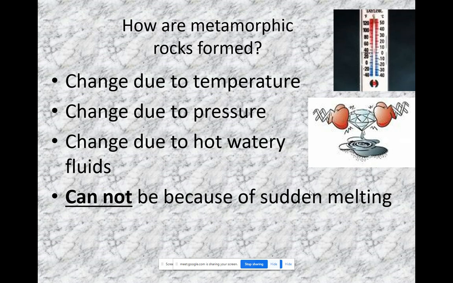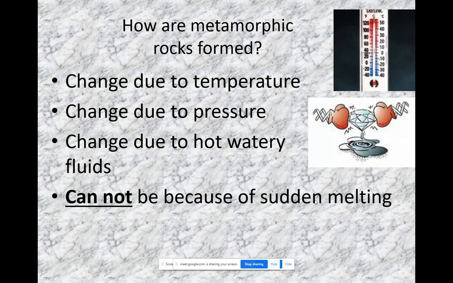What happens if something suddenly melts, turns into lava or magma, then cools? It becomes igneous rock. So why can't it be because of sudden melting? Because then it would make igneous rock. There we go. All right, guys.